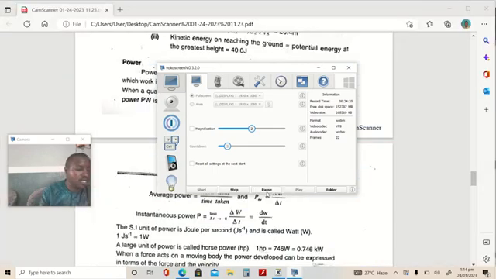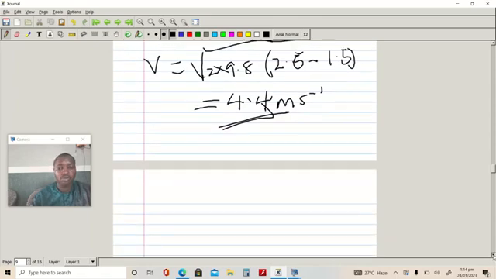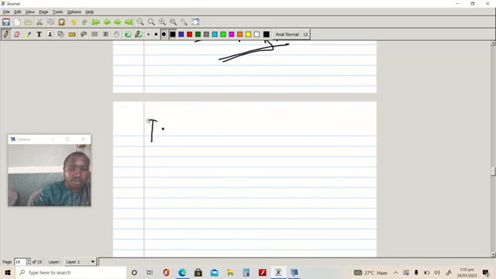So the next thing we'll look at is power. Of course, power is work done in the time it takes to do a particular work.